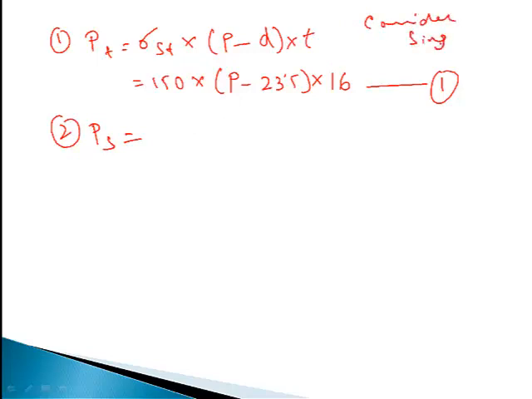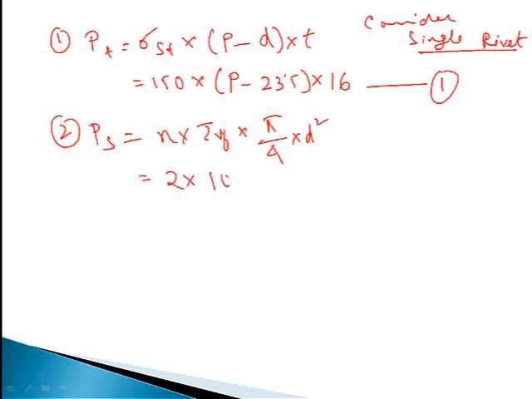Okay, it's not given in the question, so consider a single rivet. So PS is given as N tau VF into 2 into pi by 4 into D square. Again it's a double cover butt joint, so it's 2: 100 into pi by 4 into 23.5 whole square, around it will get 86750 Newton.